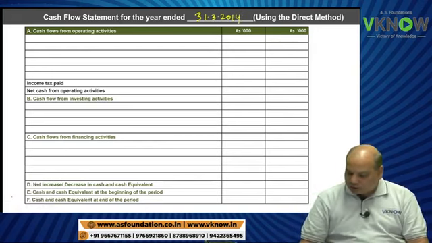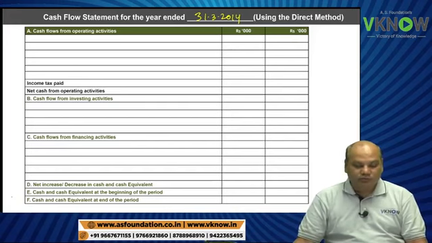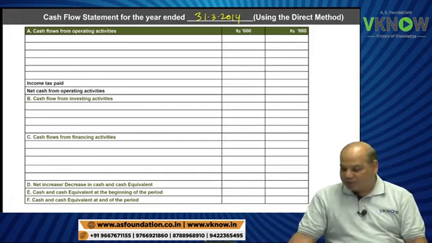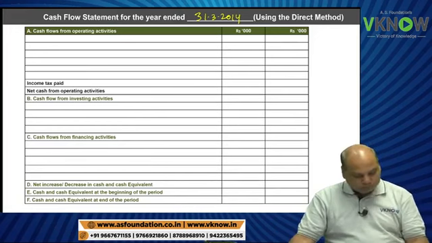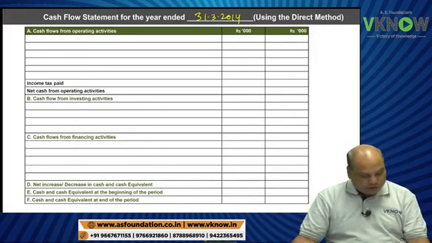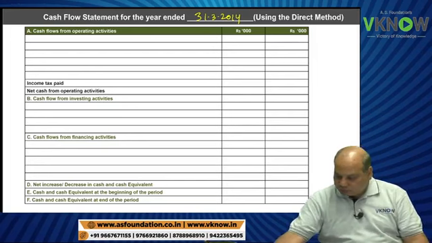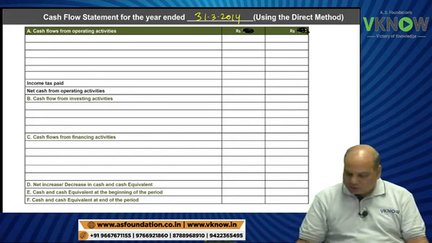In bracket write down using direct method. Everybody, please participate. Then you draw two columns on the right side, rupees, rupees.